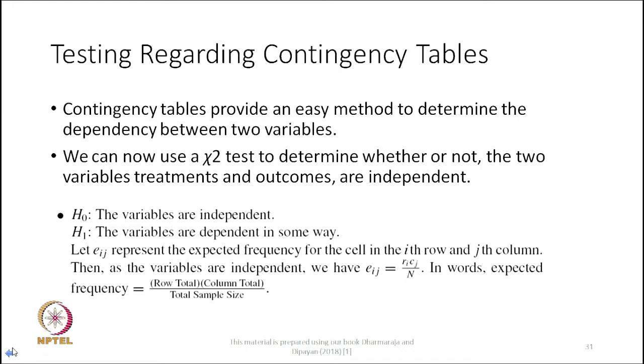Since we are talking about 2 different random variables, the table gives the form of rows versus columns. The rows carry the information related to one variable and the columns the information related to the other variable. So, Eij represents the expected frequency.